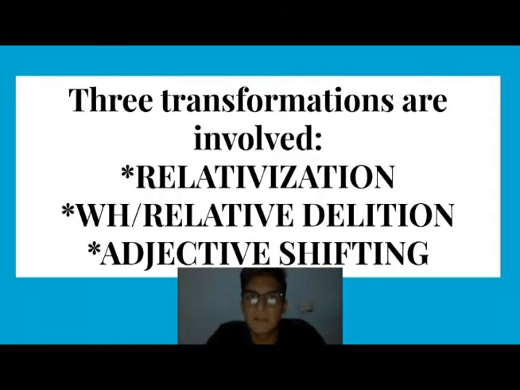An example of relativization: I have a car which is blue, using the relative pronoun, which in this case is which. Using WH relative deletion, we can use the same sentence and say, I have a car blue, in this case omitting the relative pronoun. About adjective shifting, we can say, I have a blue car, shifting the adjective.